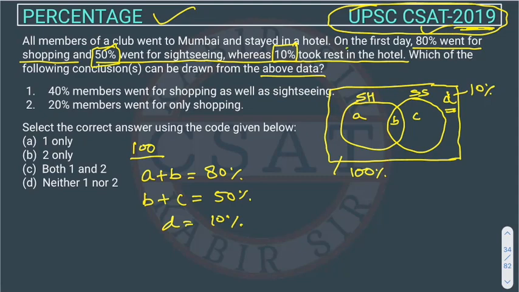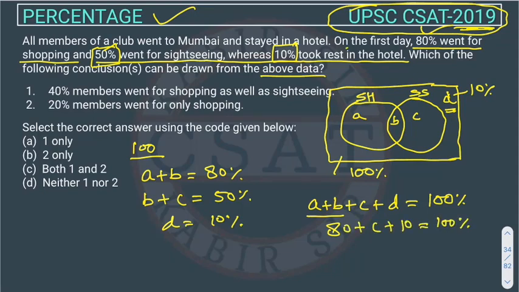So we have to calculate the values of A, B, C. D we already know, and we know the total will be 100. So A plus B plus C plus D is equal to 100%. A plus B is 80, D is 10, so from here we can find C. All this is in percentage, so don't forget to write percentage here.